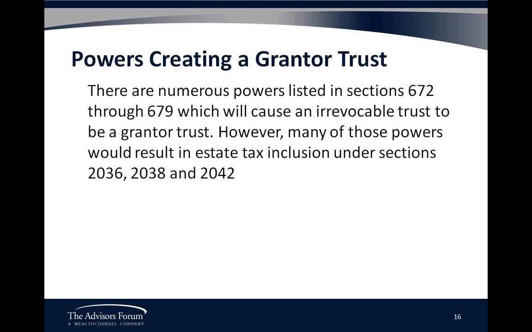Or maybe he or she is not taxable, you're looking for a step up in basis, and so you're not concerned with 2036, 38, or 42. But by and large, grantor trusts are used for high net worth planning, and chances are they're taxable estates. You don't want the trust being pulled back in.